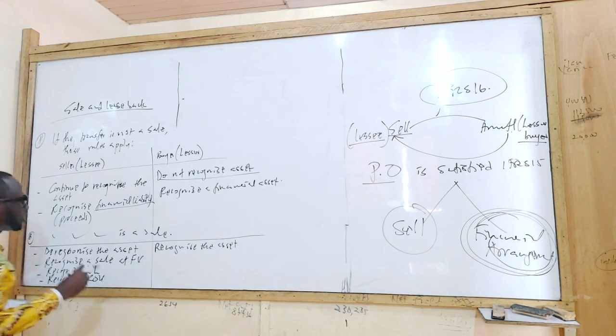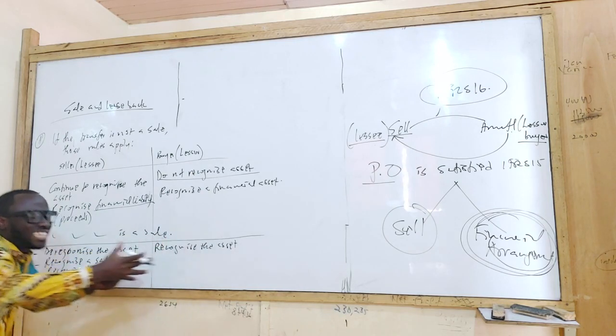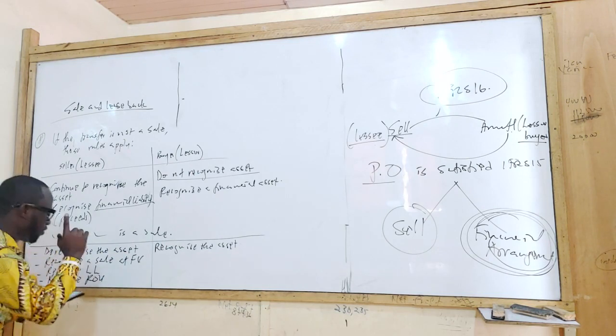Then he will recognize right of use. This is very, very important if the deal is a sale. He will recognize right of use, which is equal to the percentage retained. This is very, very important.